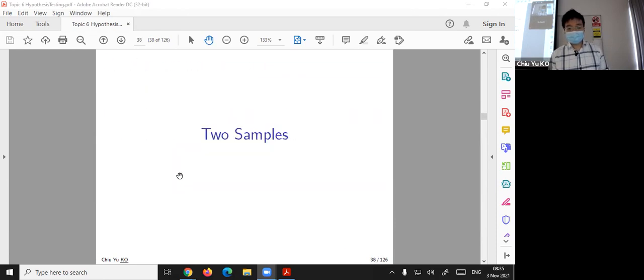Now I want to come to the two samples, okay? And you notice that the idea behind two samples is exactly the same as the way that one sample works.